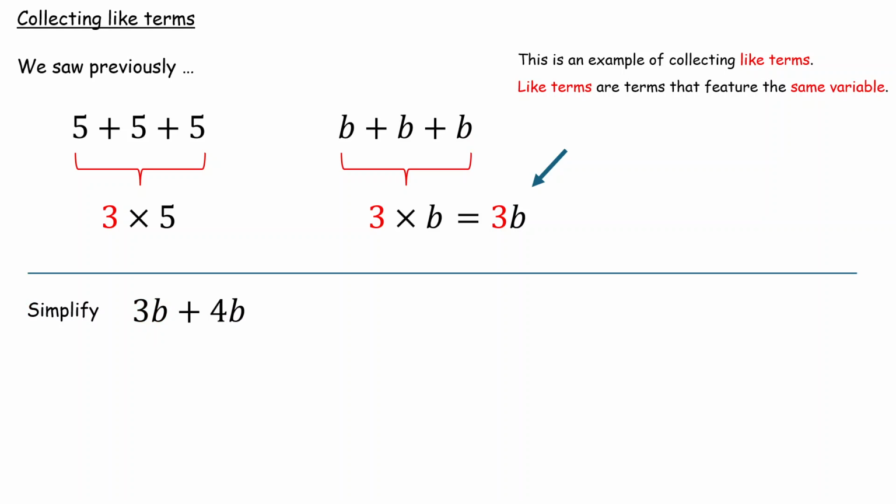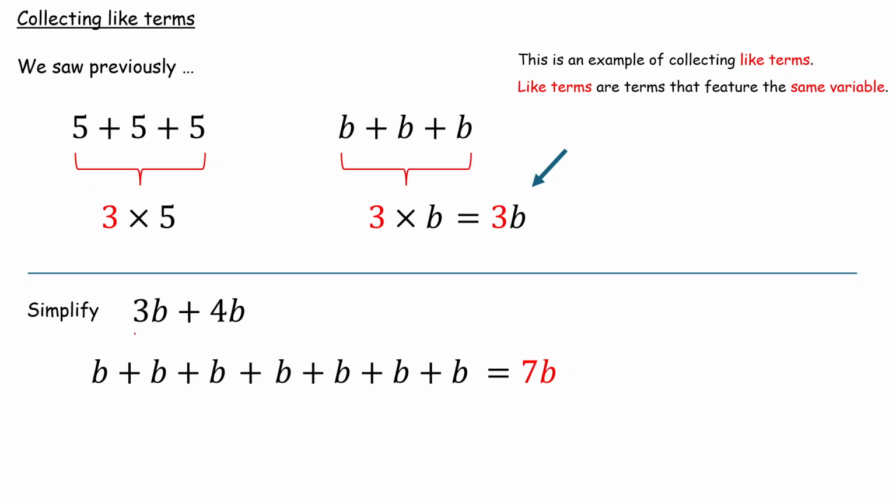Now, if we have this, simplify 3b add 4b, well, we've just seen up here that 3b, if you wanted to write it out in long terms, is the same thing as b plus b plus b. If I'm going to add on now 4 more b's, literally I'm adding on 1, 2, 3, 4 b's, and we can see that in total you've now got 1, 2, 3, 4, 5, 6, 7 b's.